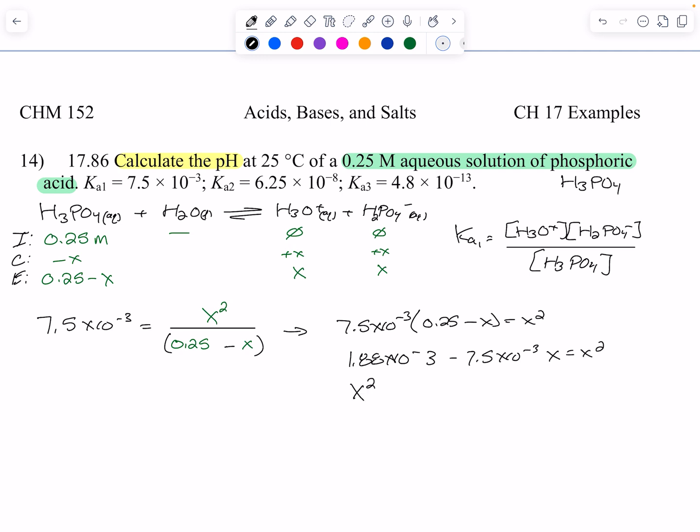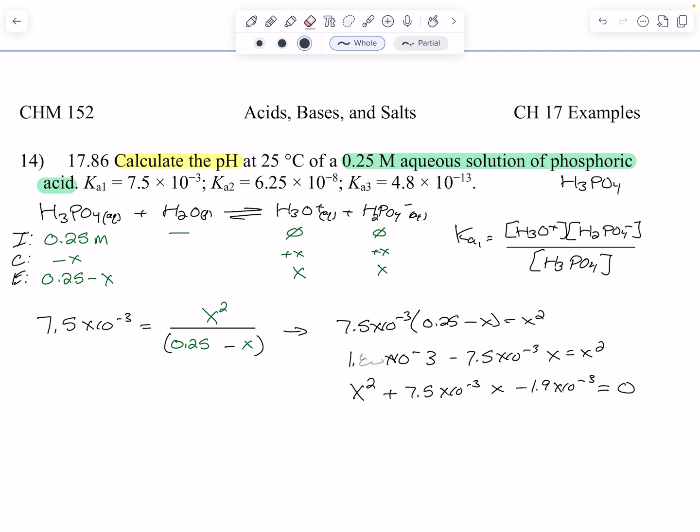So X squared plus 7.5 times 10 to the minus 3 X minus 1.9 times 10 to the negative third equals 0, because I only have 2 sig figs.